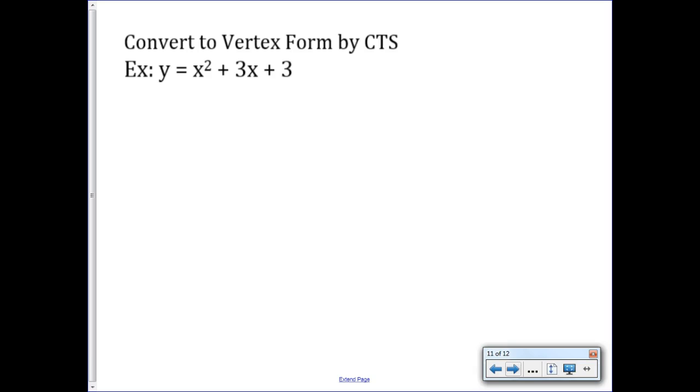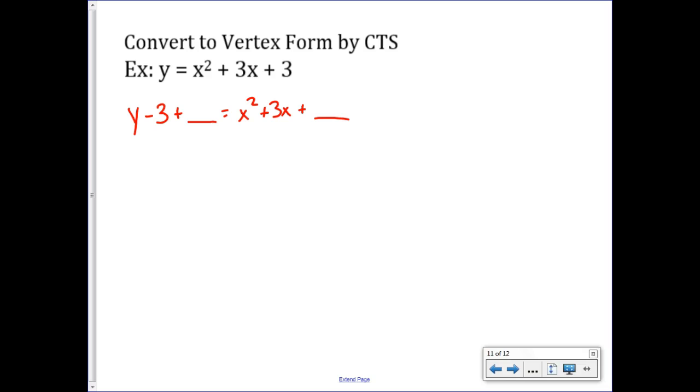Alright, if it's asking you to convert to vertex form by completing the square, I'm going to leave the y in here this time because we're not actually solving, we're just converting to vertex form. But I am still going to move that 3 over. So I'm going to have y minus 3 plus the blank that I need to add in is equal to x squared plus 3x plus the blank that I'm adding in.